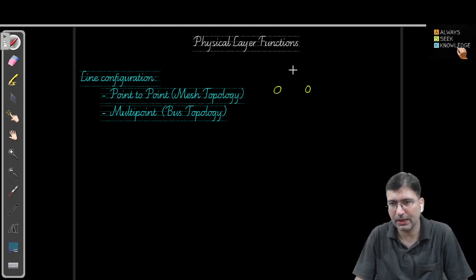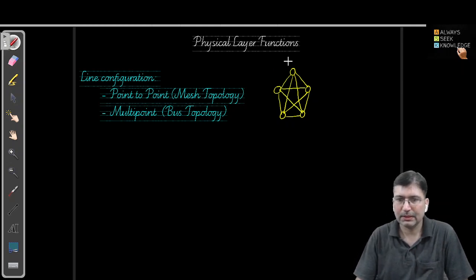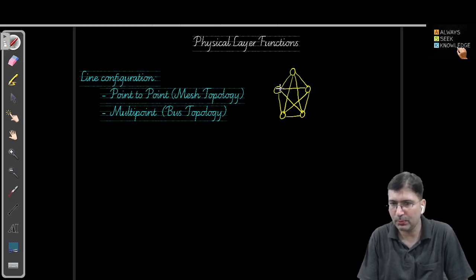So let's say if there are 5 nodes like this, every node will have a connection with every other node like this, right? So this is mesh topology and it has point-to-point, direct connections. So every pair will have one active channel.